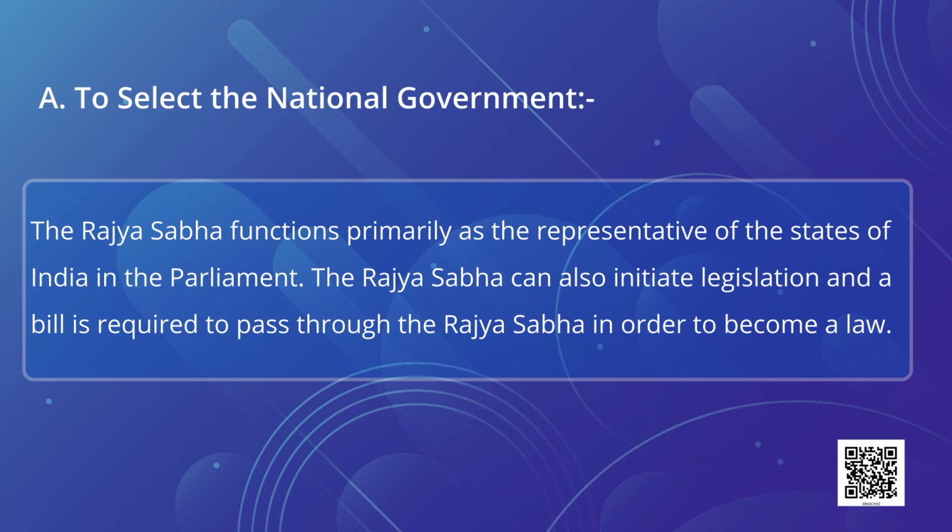The Rajya Sabha functions primarily as the representative of the states of India in the Parliament. The Rajya Sabha can also initiate legislation, and a bill is required to pass through the Rajya Sabha in order to become a law.